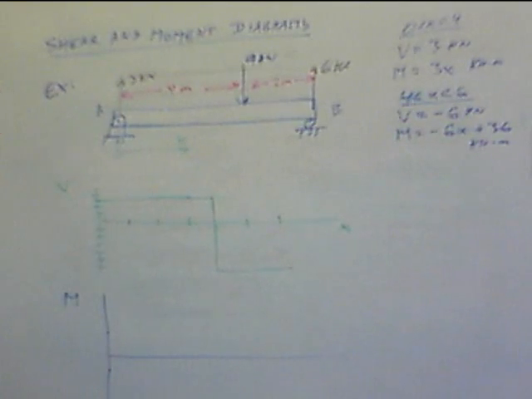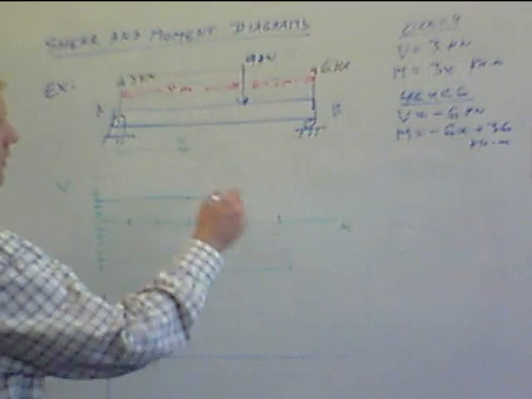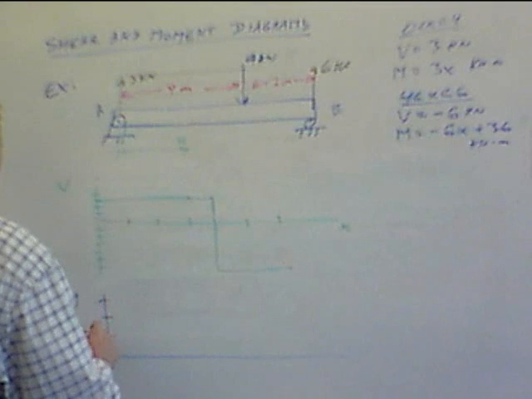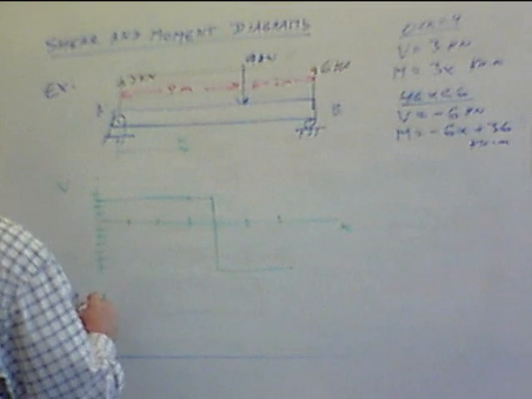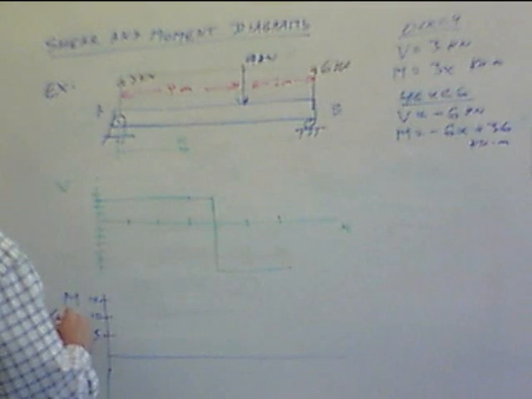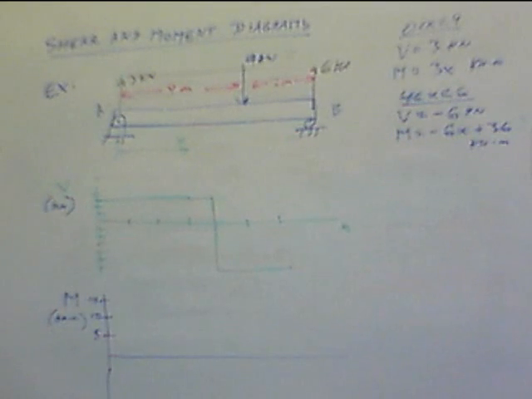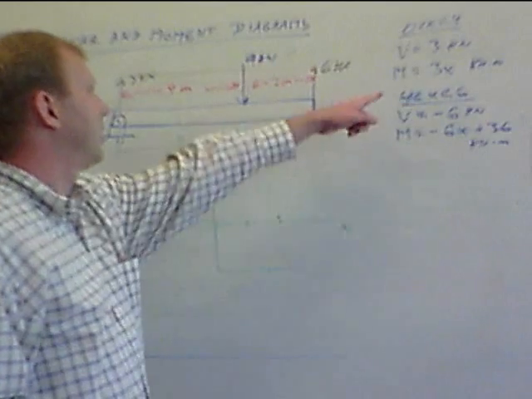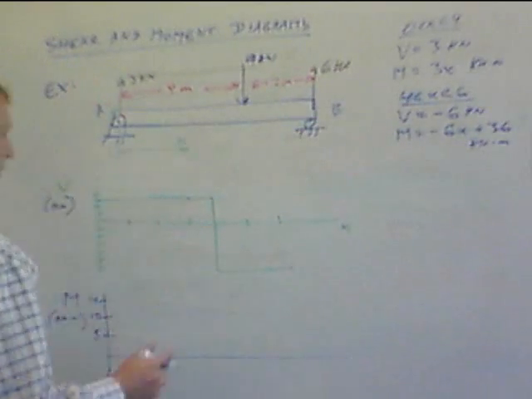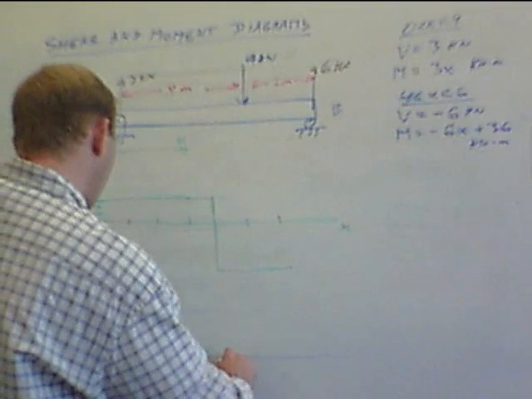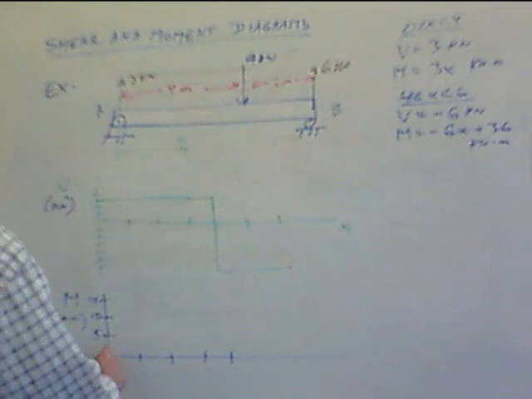Okay, and we're going to go as high as, make this 5, 10, and 15, and this is kilonewton meters. This is kilonewtons. Okay, so we start out with 3x from 0 to 4. So we're going to try and keep these lined up as much as possible. So from 0 to 4, we're going to graph 3x.